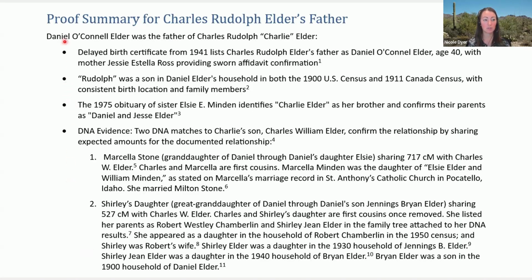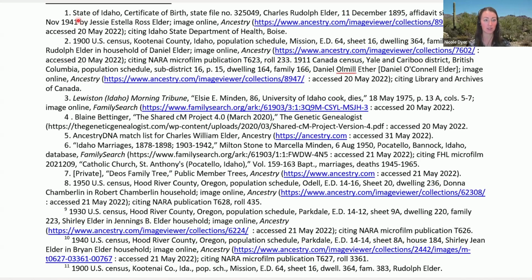So this is a proof summary that Daniel O'Connell Elder was the father of Charles Rudolph Charlie Elder. So we have 3 bullet points here giving documentary evidence. First, a delayed birth certificate showing Charles Rudolph Elder's father as Daniel O'Connell Elder. And in that one footnote, we can see that it's an Idaho certificate of birth.